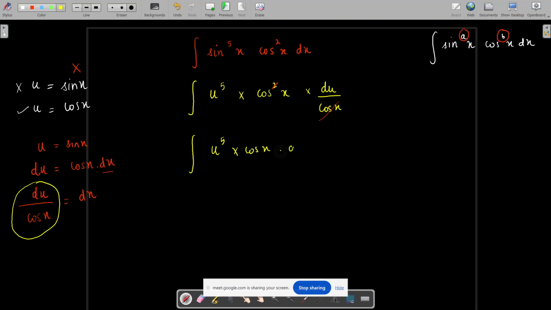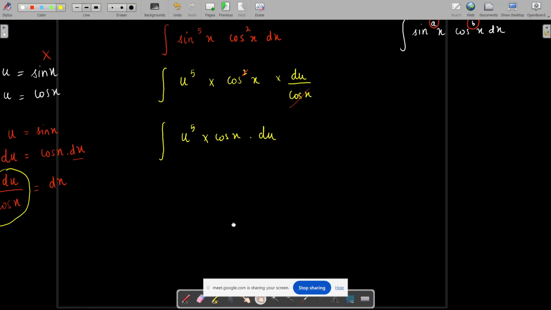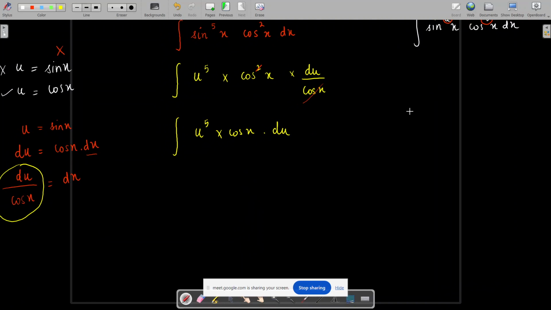Now we have to bring this cosine of x in terms of u. Cosine of x is the square root of 1 minus sine square x.